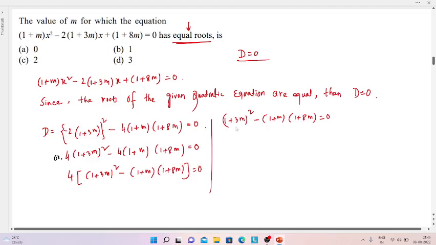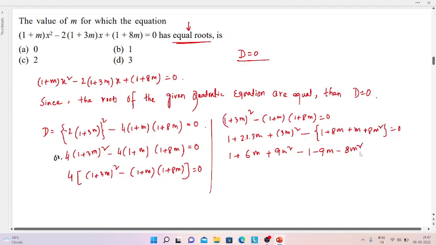If I express this particular term, we will have 1 square, which is 1, plus 2 times 1 times 3m, plus 3m whole square. And multiplying this part, we have 1 plus 8m plus m plus 8m square, equals 0. So we have 1 plus 6m plus 9m square, minus 1 minus 8m minus m, which is minus 9m, and minus 8m square, because I have to multiply by the negative symbol.